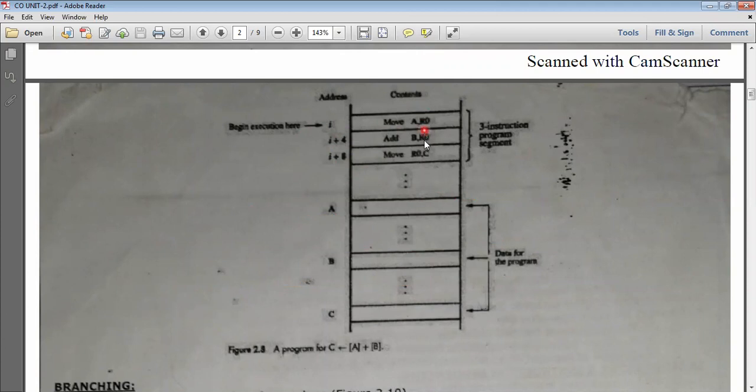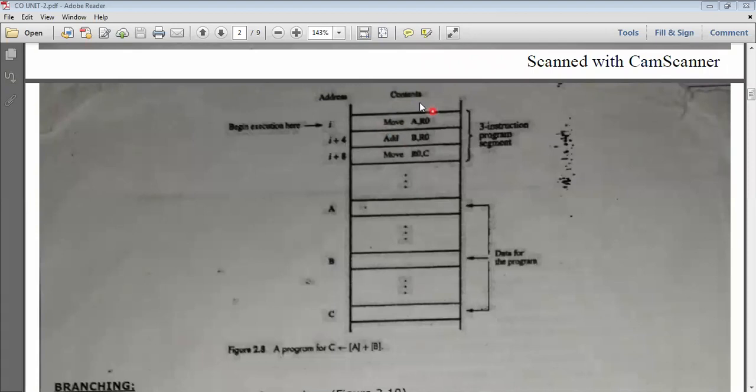Here all the instructions are stored in some memory locations and the data is also stored in memory. A data will be stored here, B data will be stored here, and the result C data will be stored here. Okay, ma. This is a 3 instruction program. These are the instructions, and these are the data required to execute these instructions.